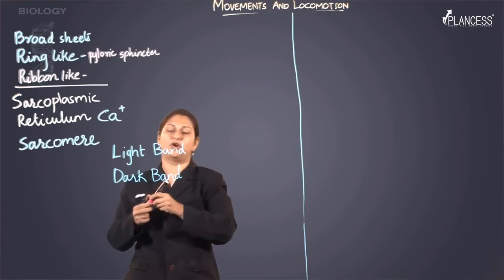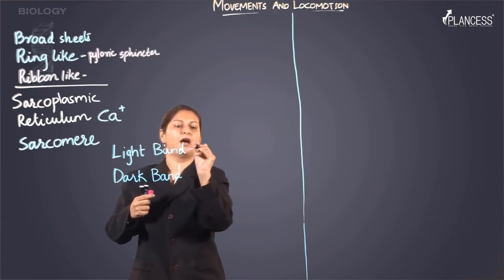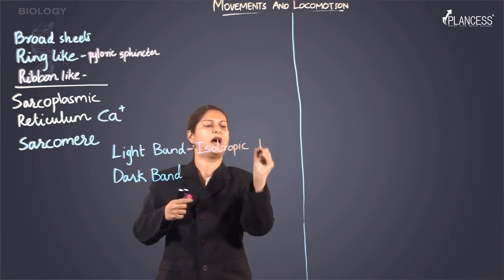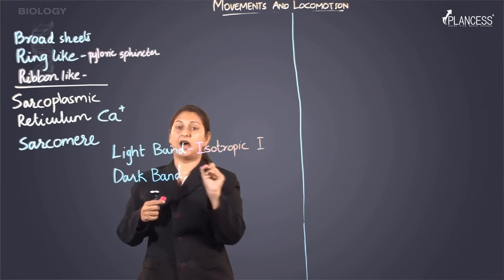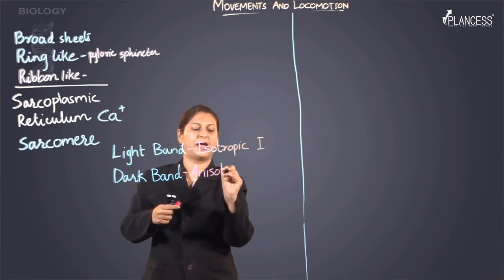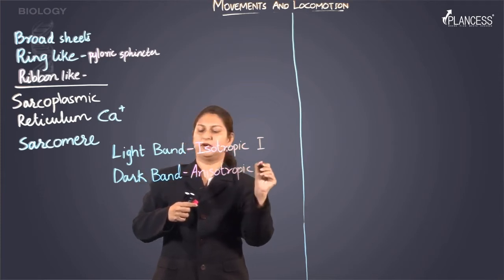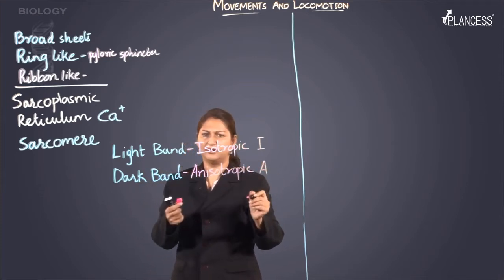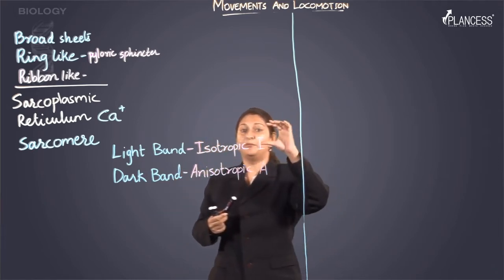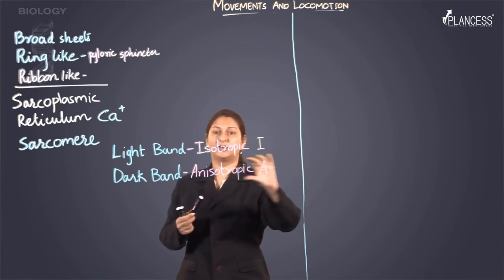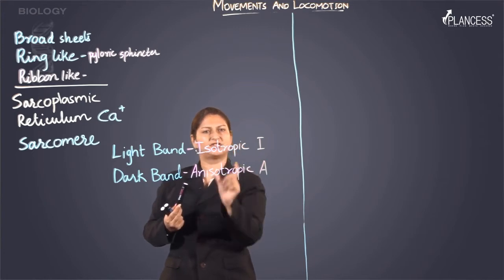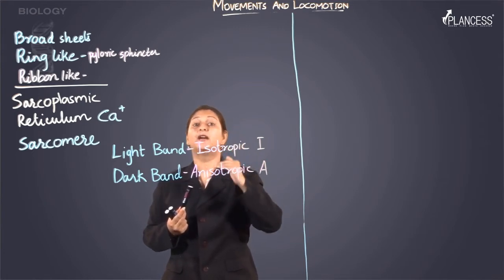The light band is called the isotropic band or the I band, and the dark band is called the anisotropic band or the A band. This is easier, nothing difficult. What is difficult is that within the A band there is a particular structure which is thicker.